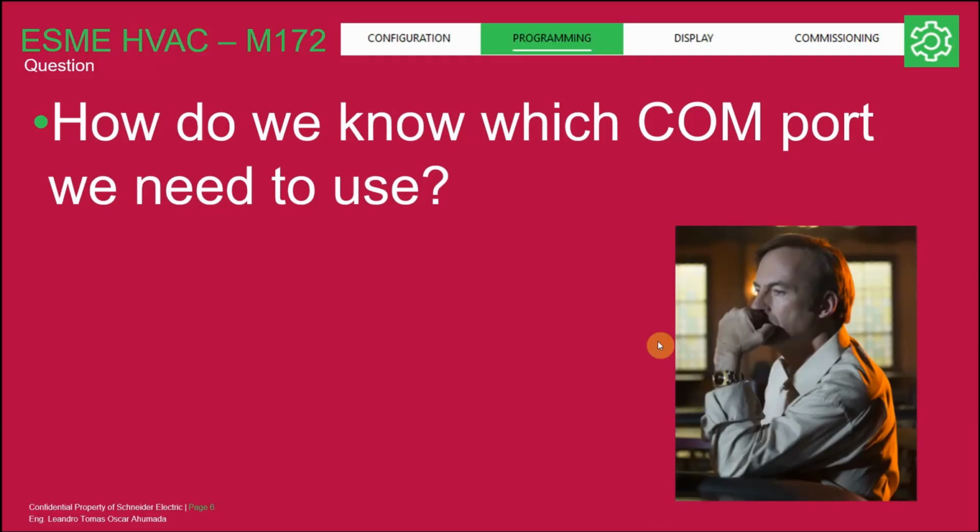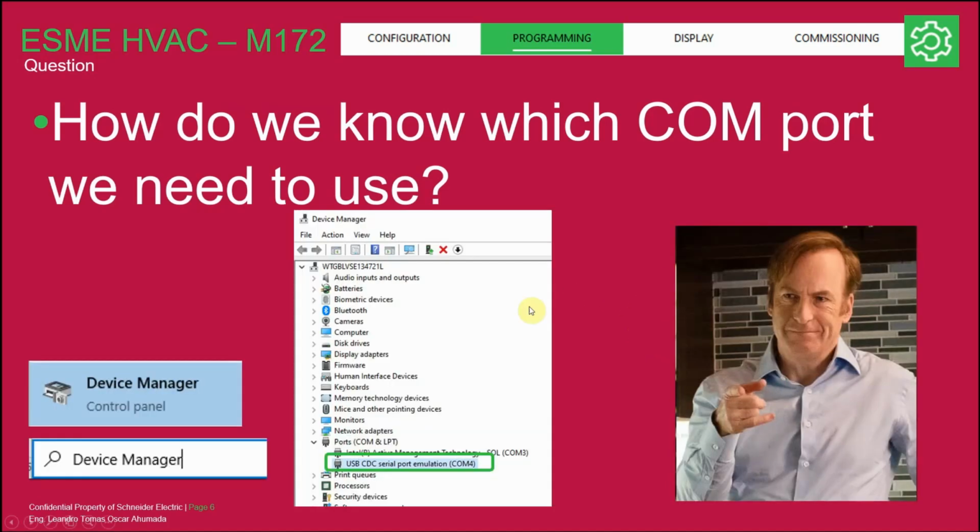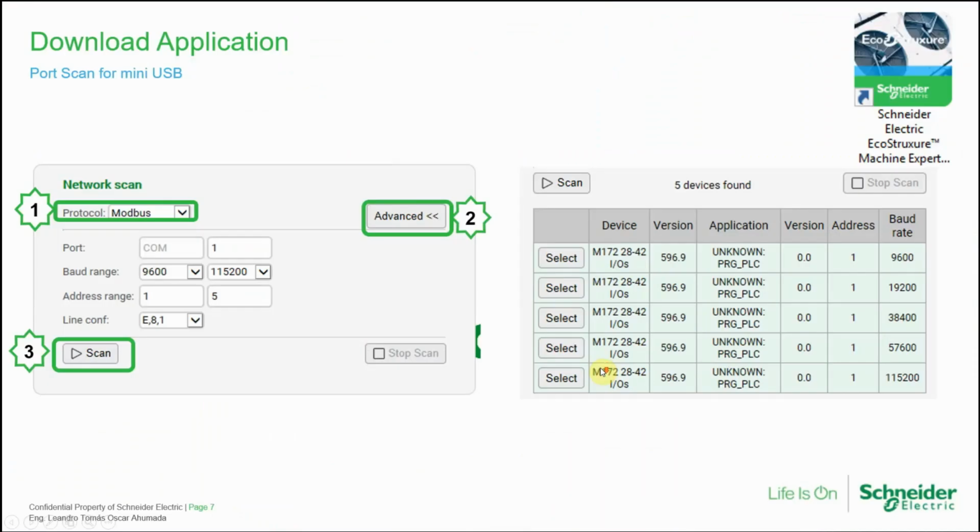So how do we know which is the right COM to use? It's very simple. We just need to go to Device Manager and see which COM port is related to our USB cable. Simple as that.